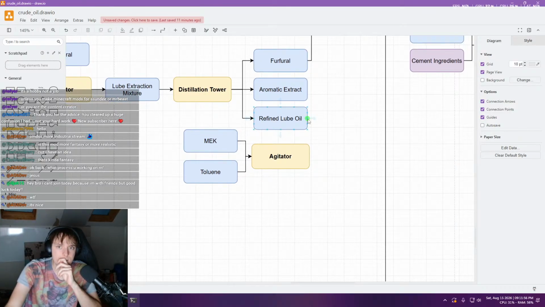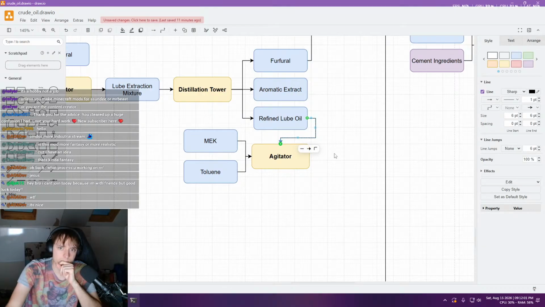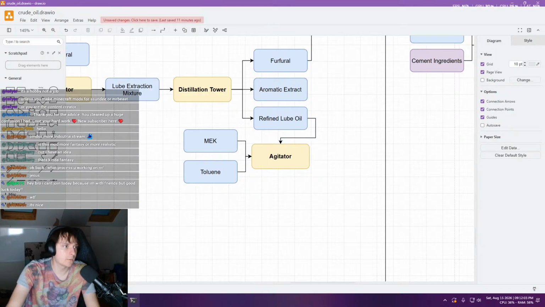Yeah, so these in the agitator plus that as well then gets us some kind of solution there.